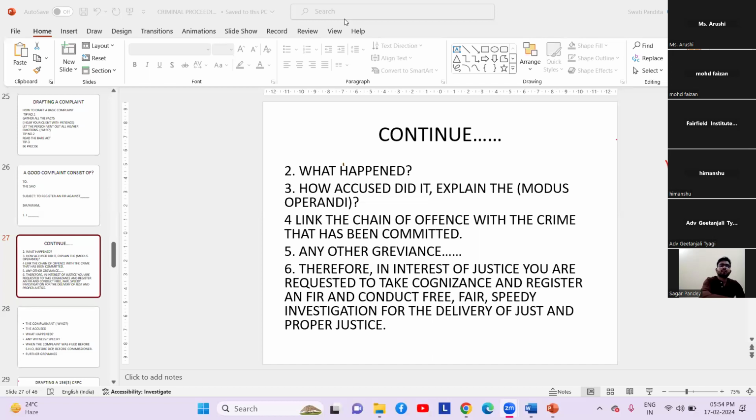So you can understand this is the very basic and very important draft, which should contain each and everything very specifically. You have to jot down every fact, you have to take care of everything, how you are going to deal with the police officers in your first two paragraphs, how you will make out the modus operandi, link the chain of the commission of crime, so that you will be very specific.